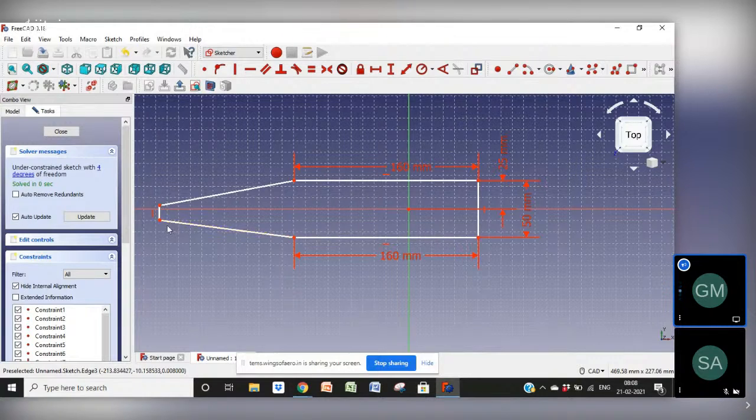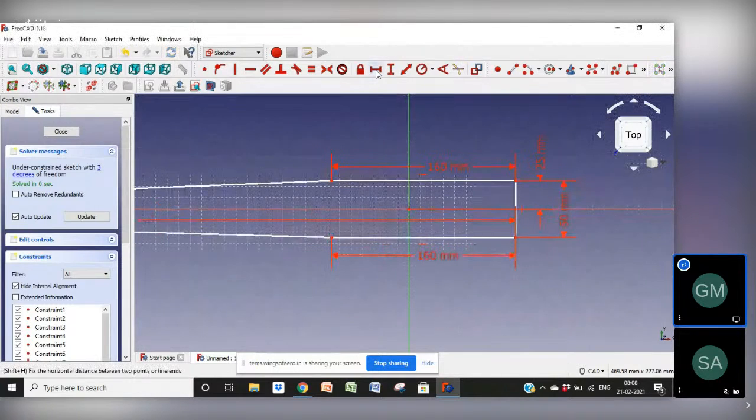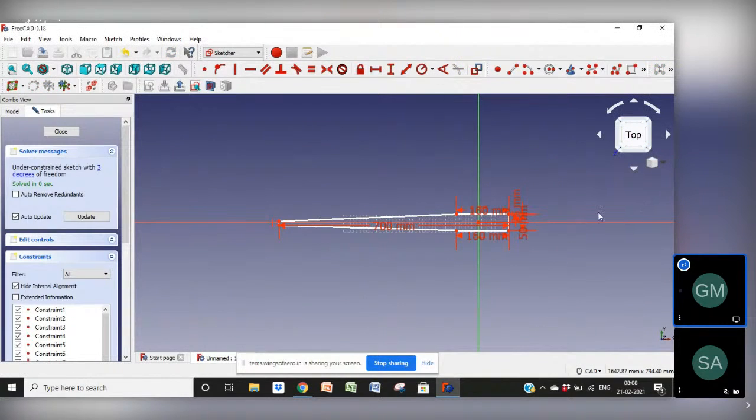Now what next? Taking this and this, and the dimension would be 700. Okay, go out, zoom to fit like this. This would be the base of the aircraft, the fuselage base.